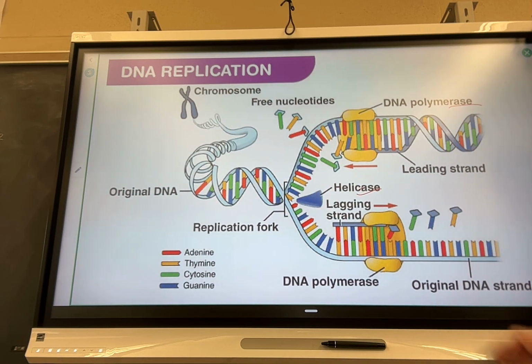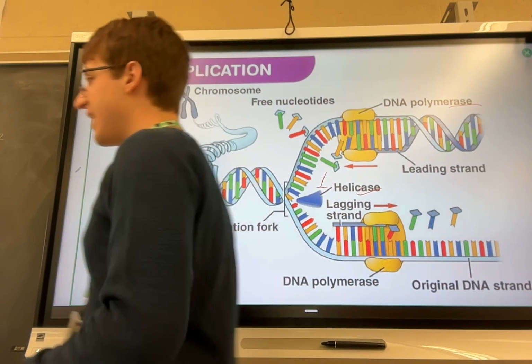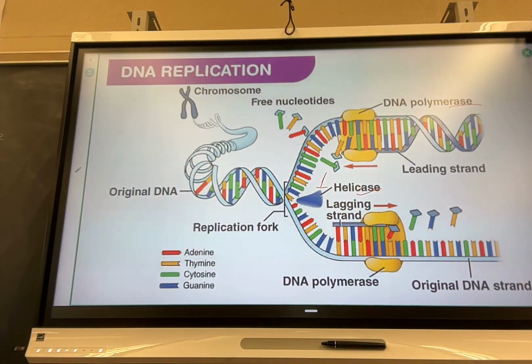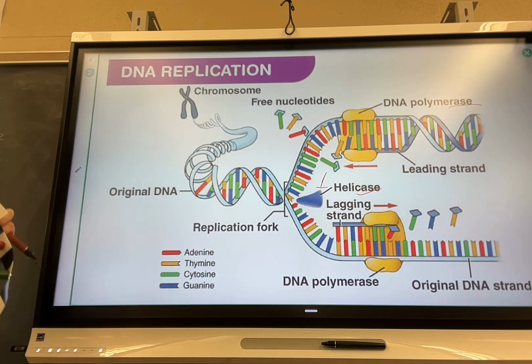So our first enzyme, this helicase, its job is to go through like a zipper and unzip our DNA. So we have to physically pull it apart, because you can't copy the bases if it's still stuck together. So we have to unzip it, kind of like a jacket, in order to access the different nucleotides.